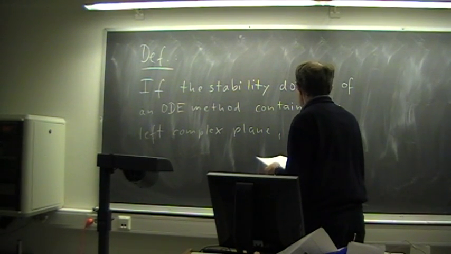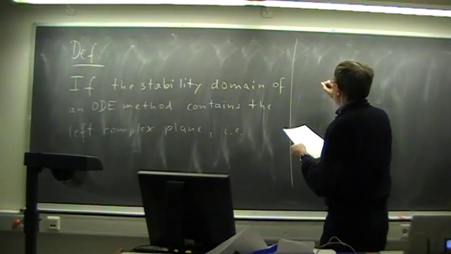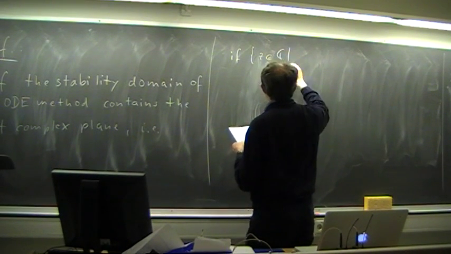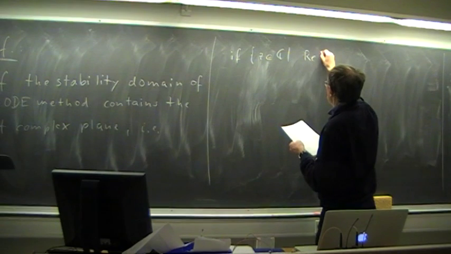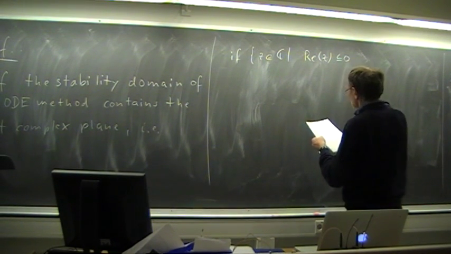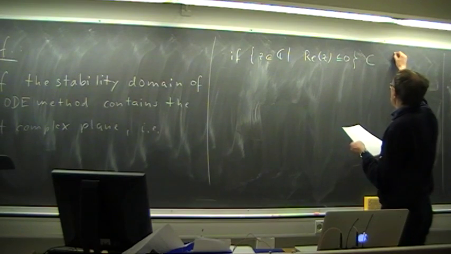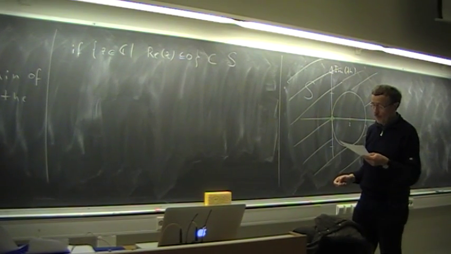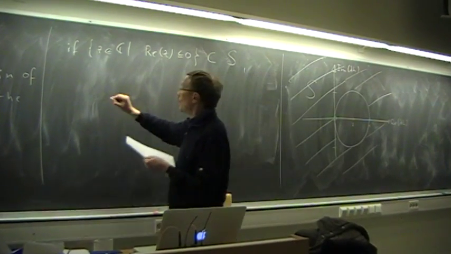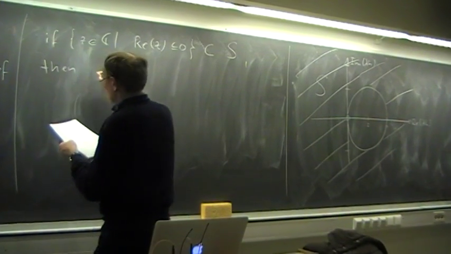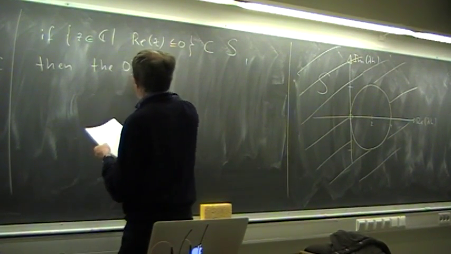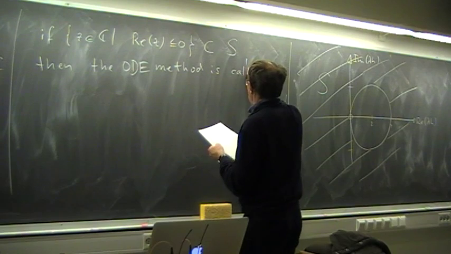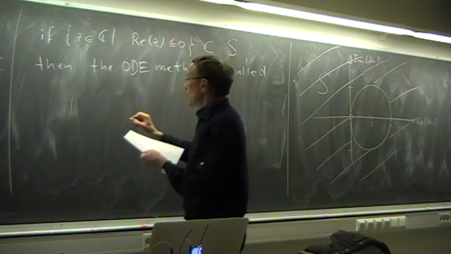So that means, in best case, if all complex numbers for which the real part is smaller or equal than 0 are contained in the stability domain of the method, which we always call S, then the ODE method is called A-stable.